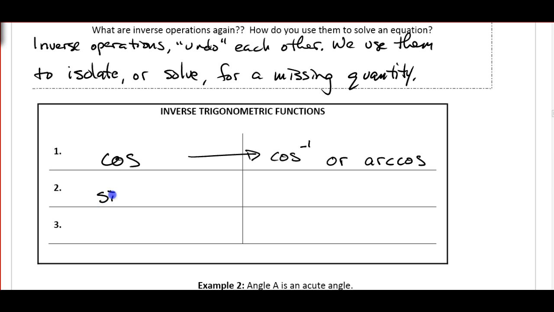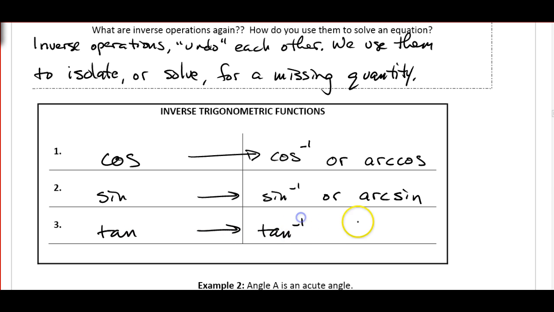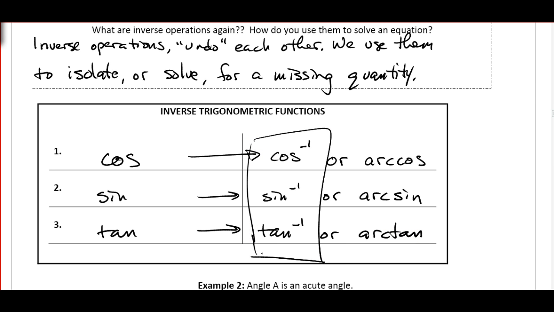And then for sine, the inverse operation is sine inverse. Again, you may at times see it as arc sine. And then for tangent, the inverse operation is tan inverse or arctan. Again, most of the time we'll work with these.